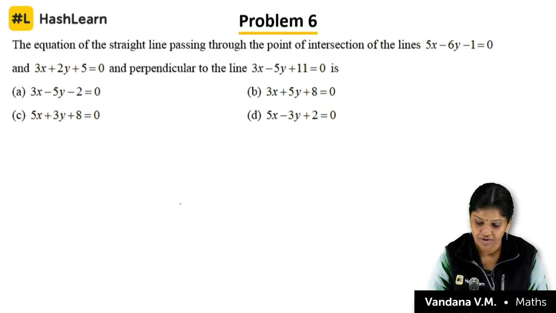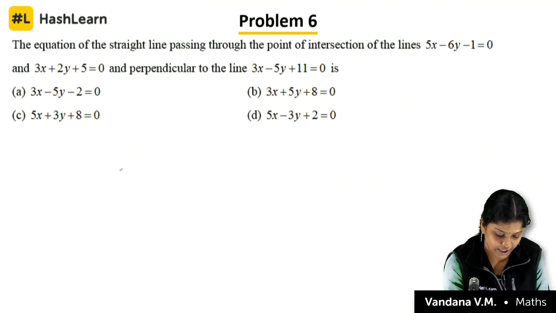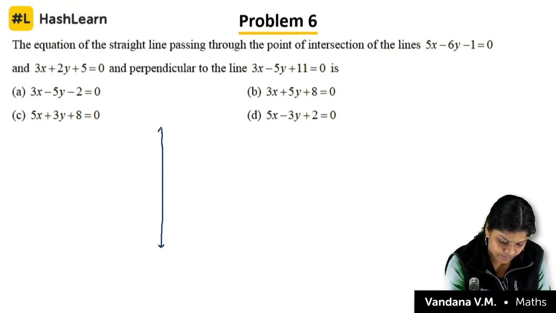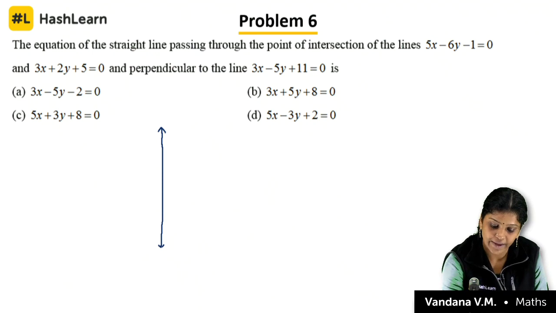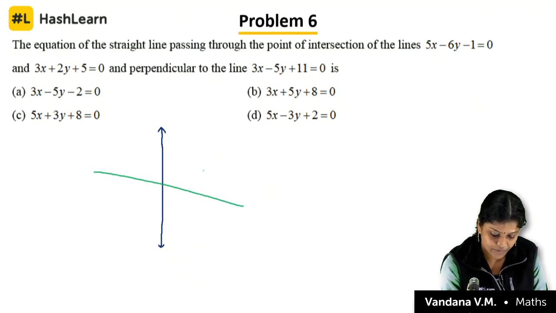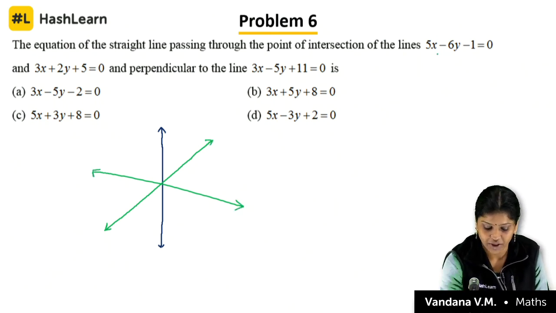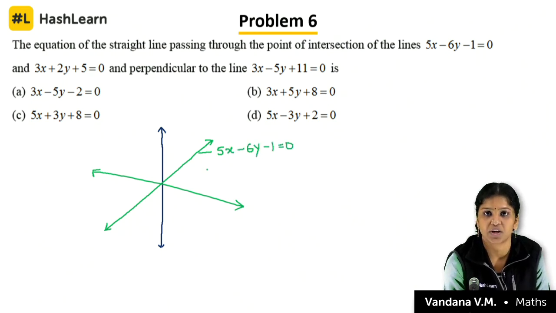Very interesting question. There is an equation of a straight line, and I want this equation of a straight line. It is passing through the intersection of the lines. What are they? The first one is 5x minus 6y minus 1 is equal to 0.